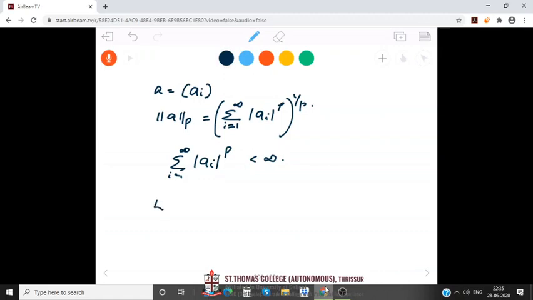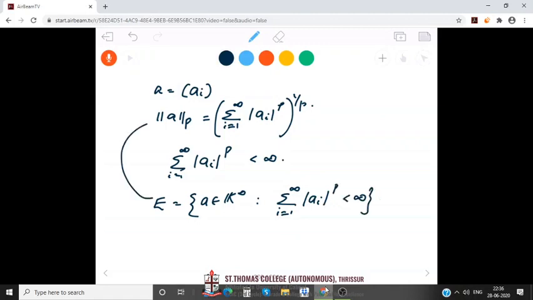That means our linear space is the set of all sequences in K infinity such that summation I equal to 1 to infinity absolute value AI raised to P is finite. We have defined norm P on this space.